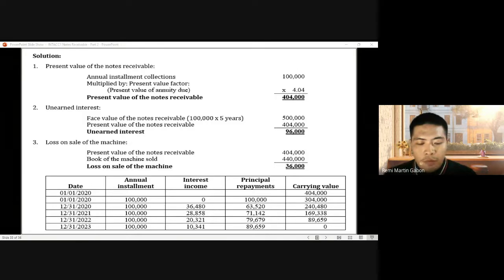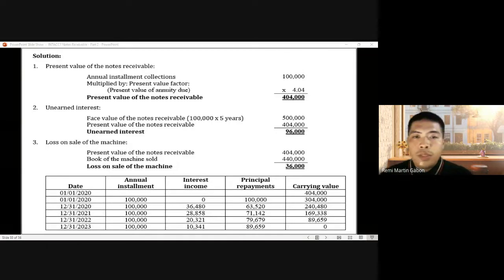So 304,000 times 12%. That should be 36,480. From 36,480, i-minus mo siya sa 100,000, makaka-arrive tayo ng 63,520. Okay? The same concept. It's up to you kung saan susundin nyo.